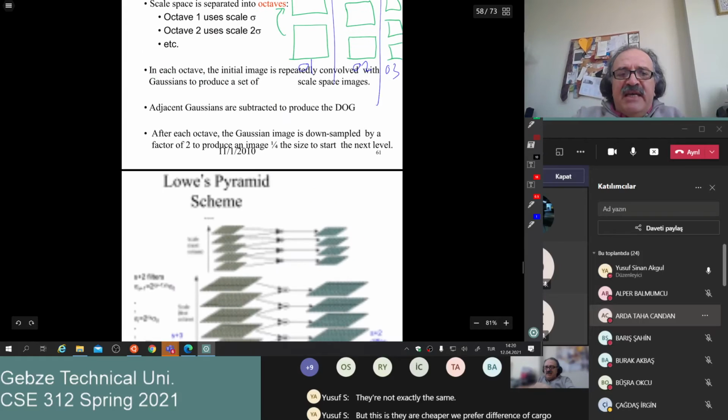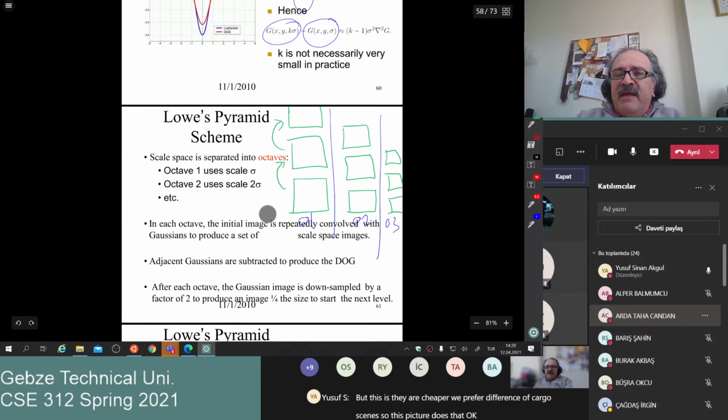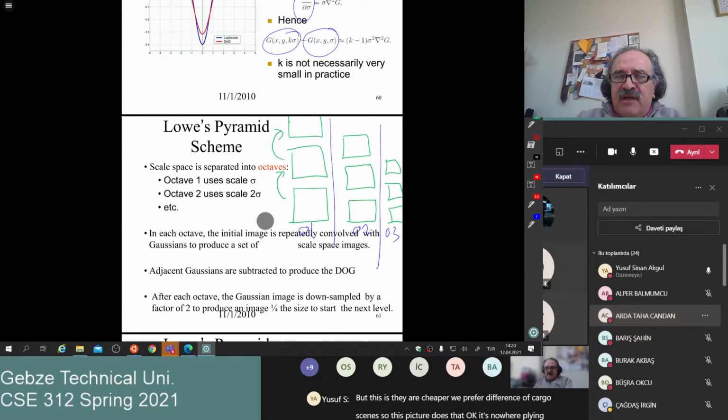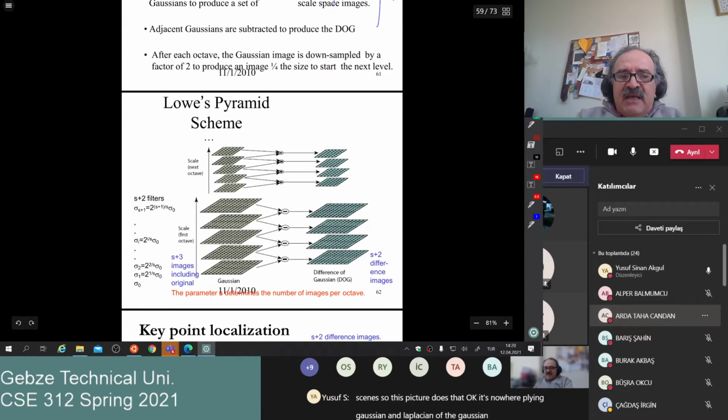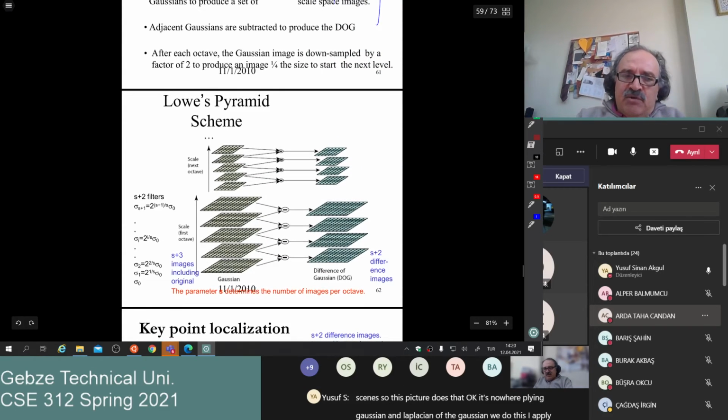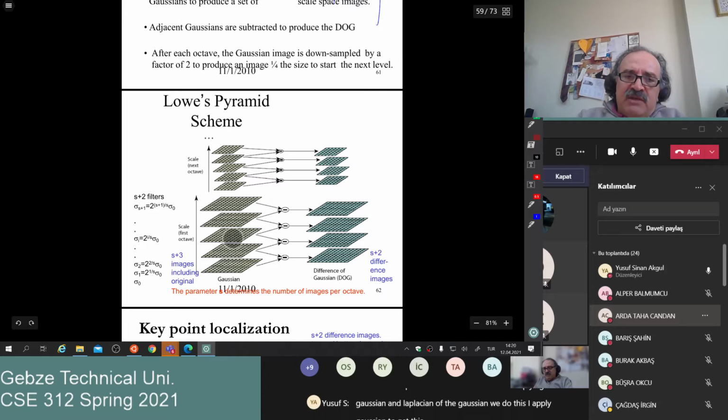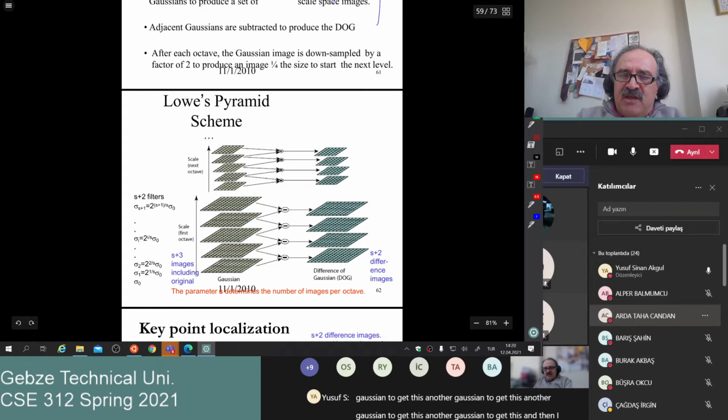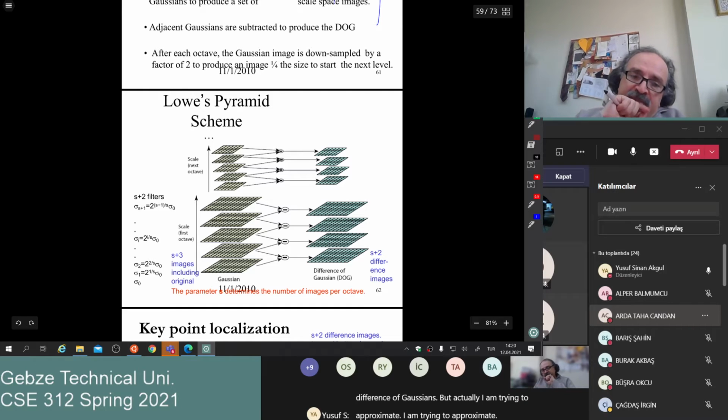So this picture does that. Instead of applying the Laplacian of the Gaussian, I apply a Gaussian to get this, another Gaussian to get this, another to get this, and then I take the difference between these two. So this is difference of Gaussians, but actually I am trying to approximate the Laplacian of Gaussian.